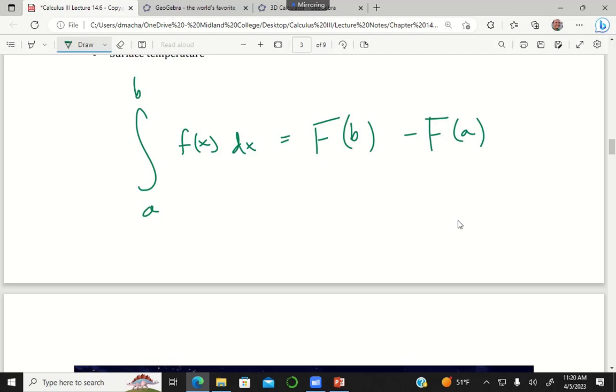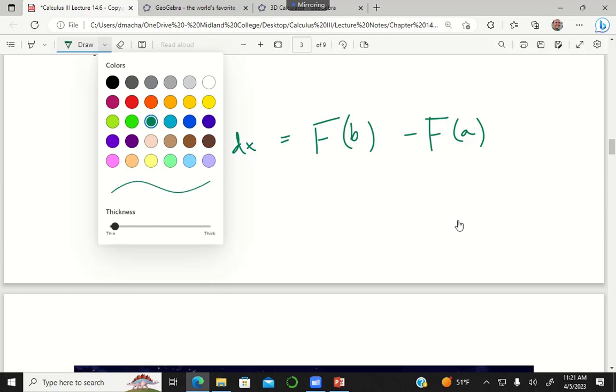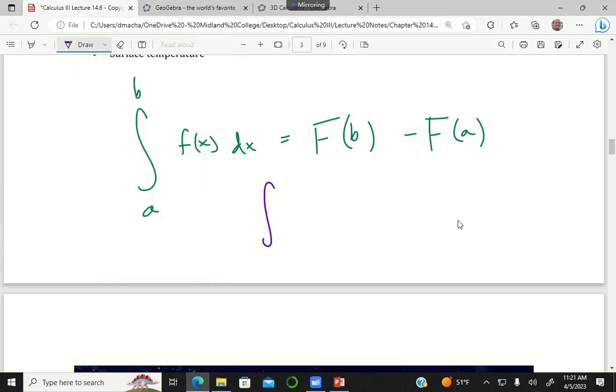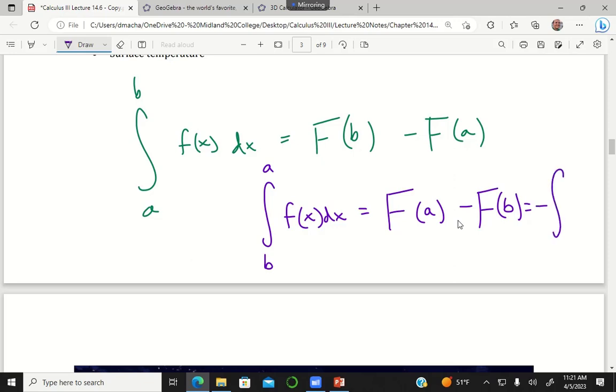So what happens then if I have the integral of b to a of f of x dx? This would just be the antiderivative of f evaluated at a minus the antiderivative of f evaluated at b. And so that would just be the negative of this integral.